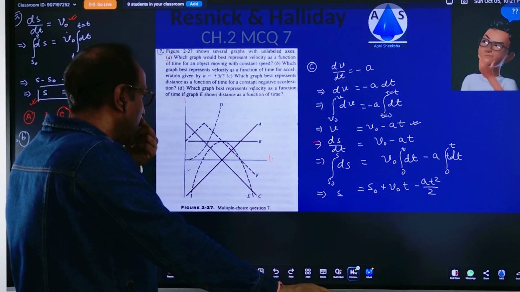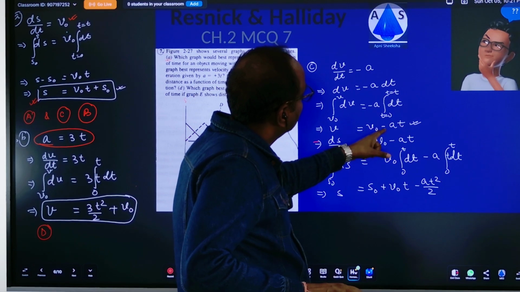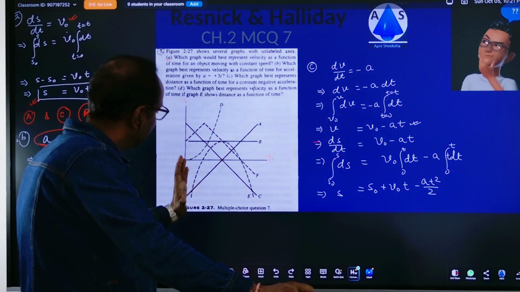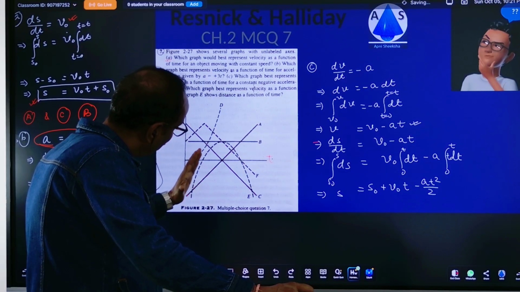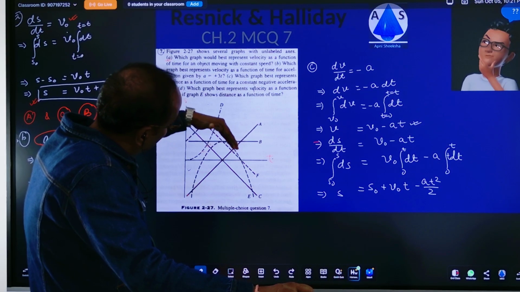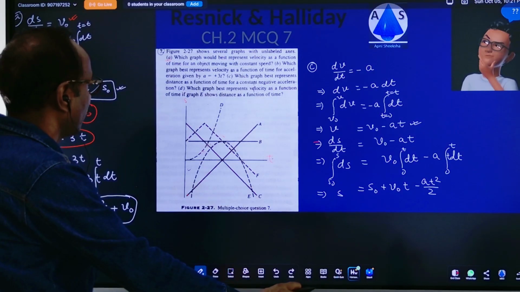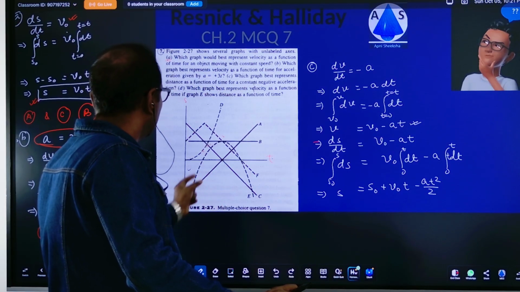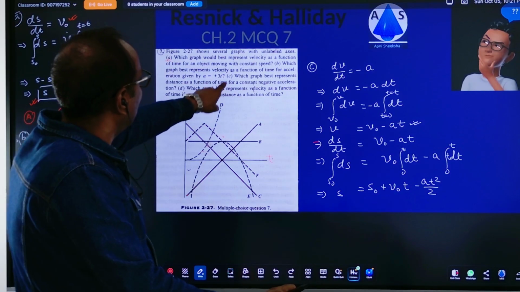So your velocity you can see is gradually decreasing, means your slope is gradually decreasing, which is true. Slope here is more, slope here is less, less, less, and then it becomes 0, and then it goes negative. So this equation, this E graph, is satisfying part C.